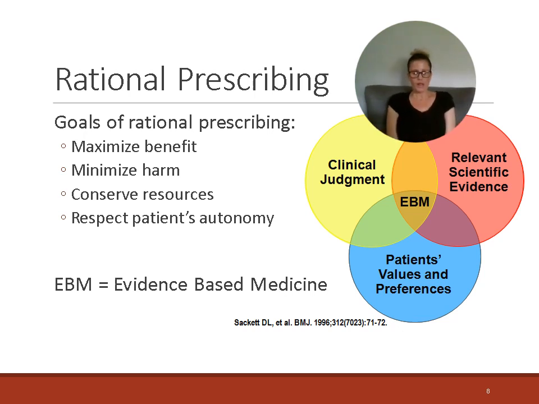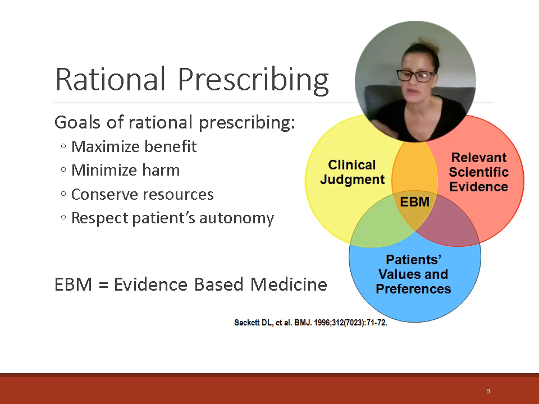Okay, moving on. So when you have an encounter with a patient, right? Patient comes to see you. The most likely result is that you're going to write a prescription for that patient. Now, whether you realize it or not, when you write that prescription, you're going to be employing rational prescribing.